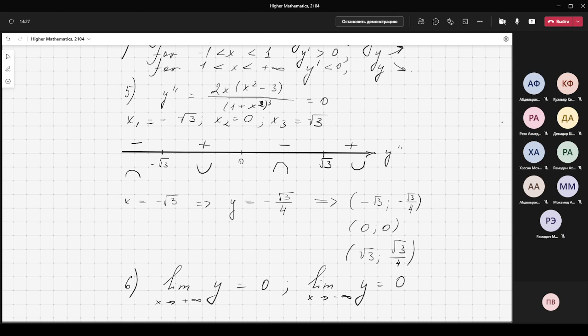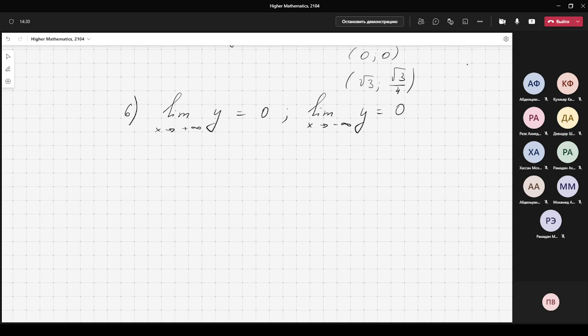Consequently, the straight line y equals 0 is the only inclined asymptote. The curve has no vertical asymptote because the function does not approach infinity for a single finite value of x.